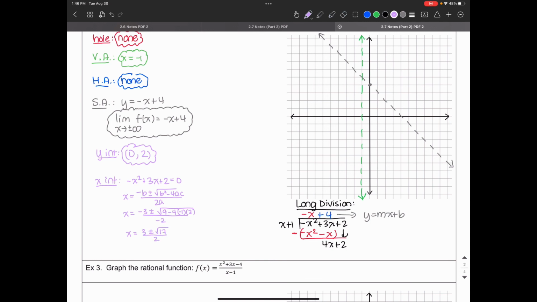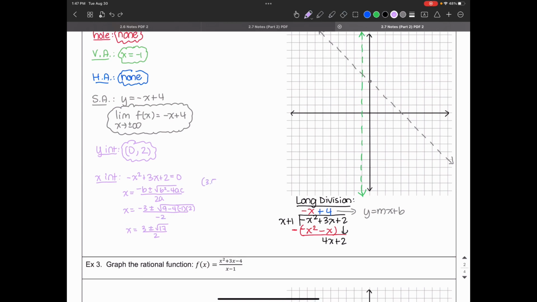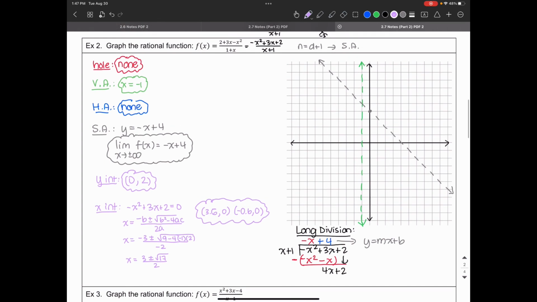And if I do that in a scientific calculator, because you're allowed to have those, you would get about 3.6, comma 0, and negative 0.6, comma 0 as your x-intercepts. And then I would plot those. So I have 3.6, comma 0 right here. And then I would also have negative 0.6, comma 0 right here. And then my y-intercept at 0, comma 2.